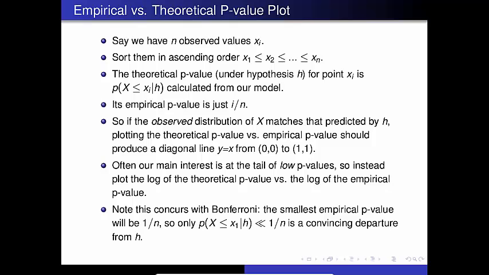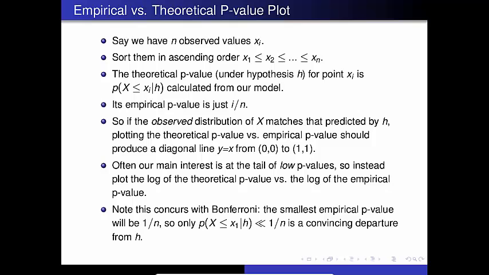One thing that's interesting to point out is that when you focus on the low p-value tail of this, you'll note that it agrees with the Bonferroni correction, right? Because the smallest empirical p-value we're going to get is, by definition, 1 over n. That's i over n for my smallest i, which is just 1, right?